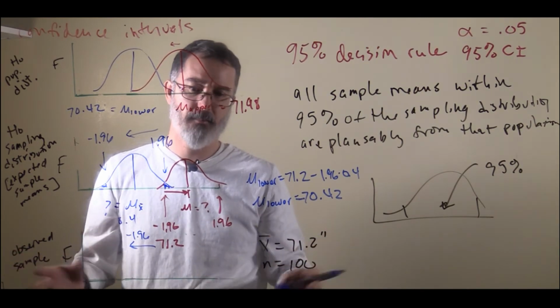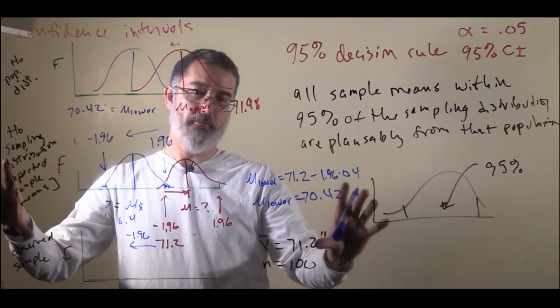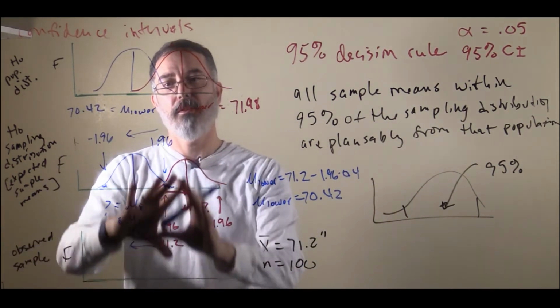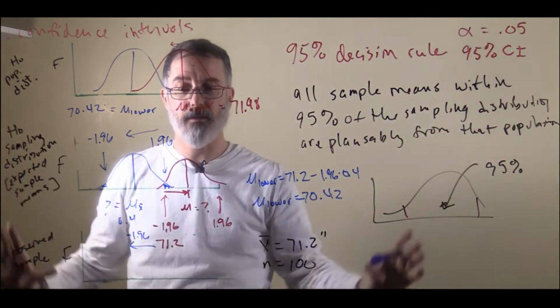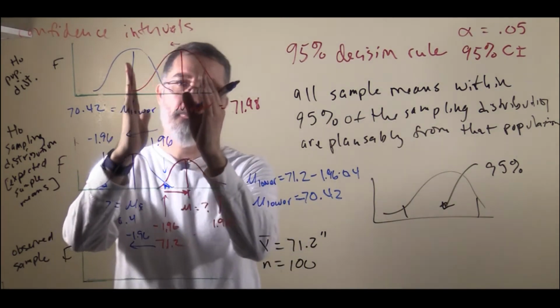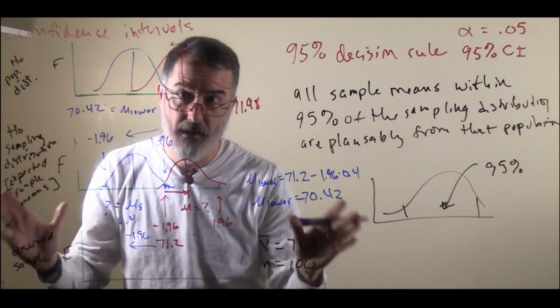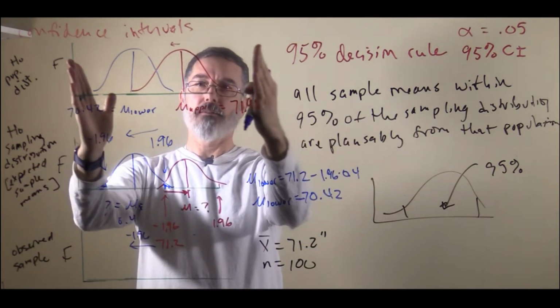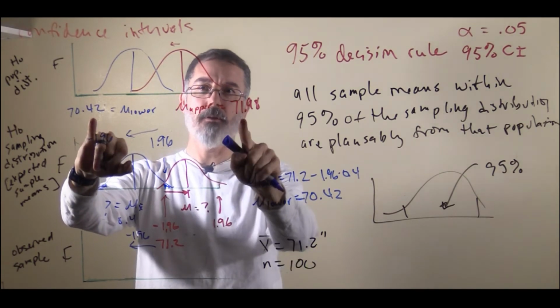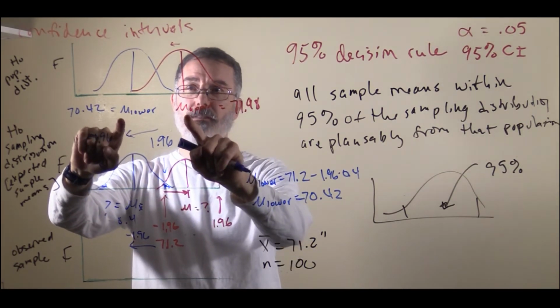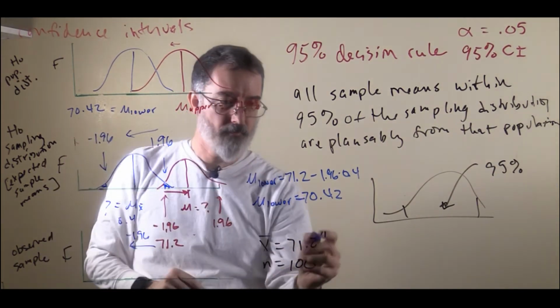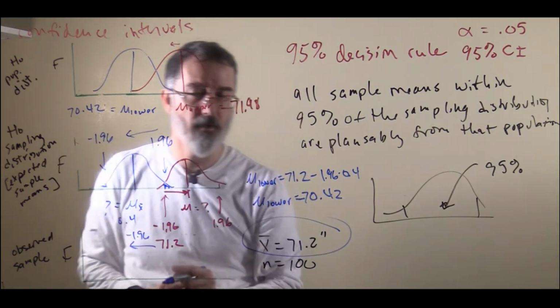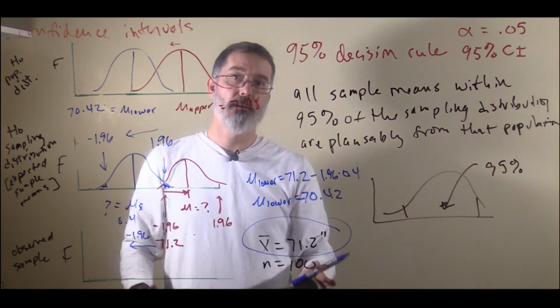These, of course, produce the same values as they did when we did the math before, because the math is interchangeable. It's harder to think about how to do the math this way, although this is really the reason that you do the math the way I showed you earlier. So what this 95% confidence interval did is it produced a lower bound and an upper bound for population means that are really plausible, given how random sampling works, to have produced the sample that we observed in our research study.